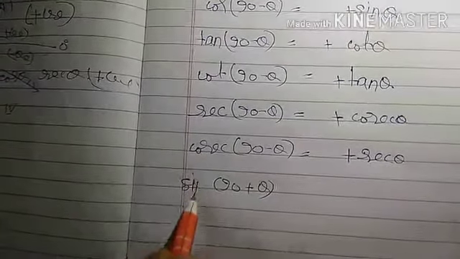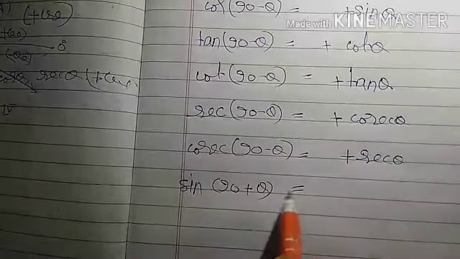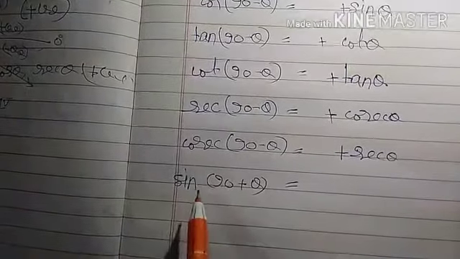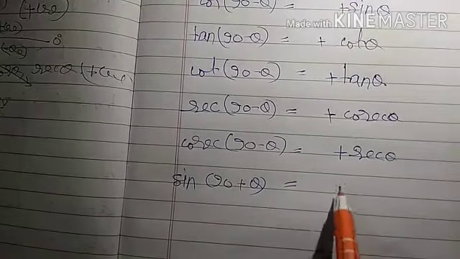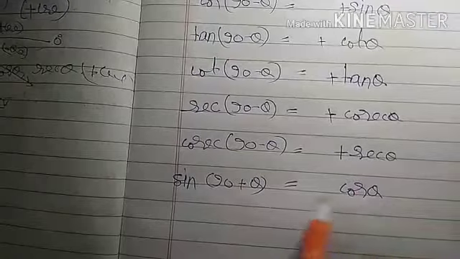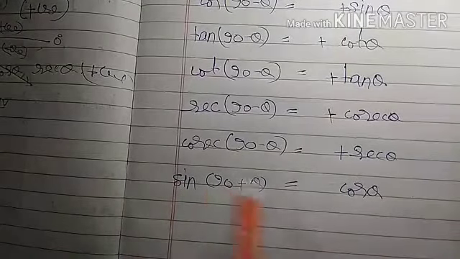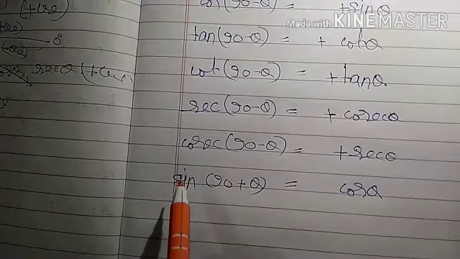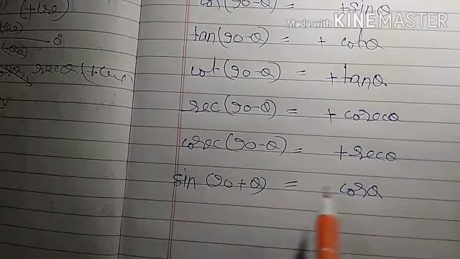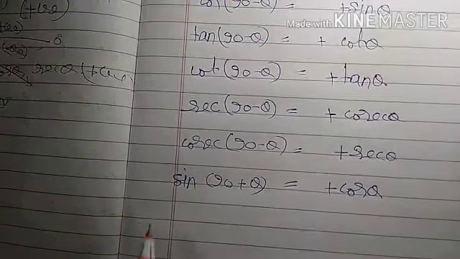So sin(90 plus theta): the function changes, sin theta changes to cos theta, and 90 plus theta is in the second quadrant where sin is positive, so plus cos theta.